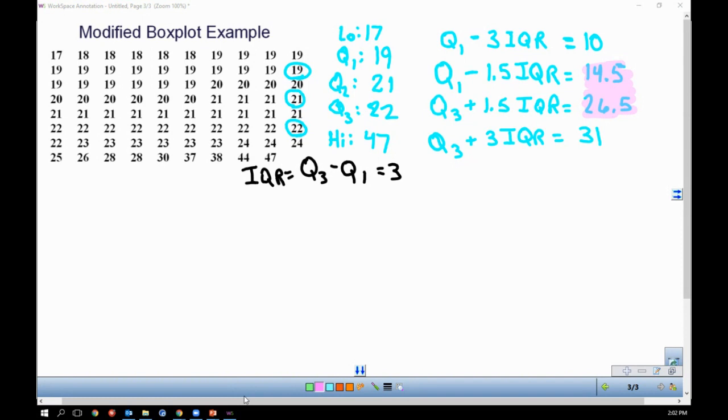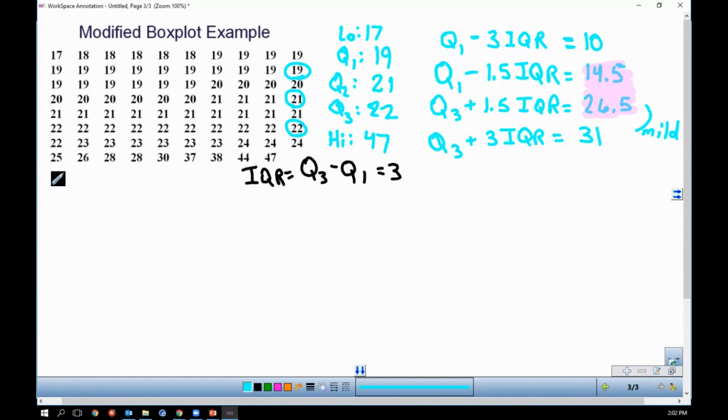What number do our outliers start at on the high end? Once we get outside this 26.5, then we start getting into outlier range. So where do we get larger than 26.5? 28. So if we're between 26.5 and 31, we call those mild outliers.